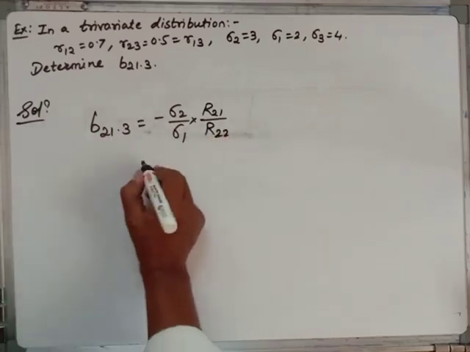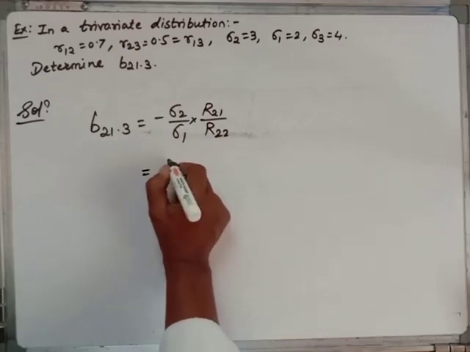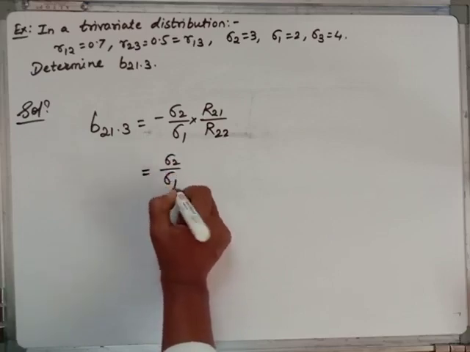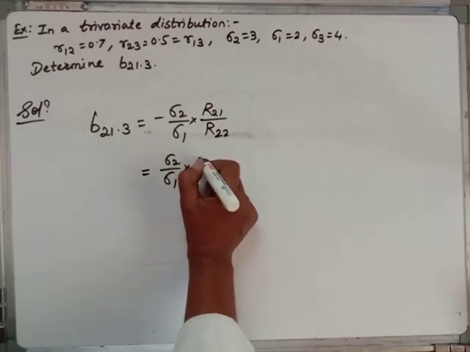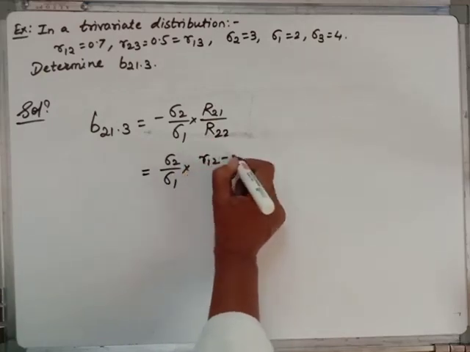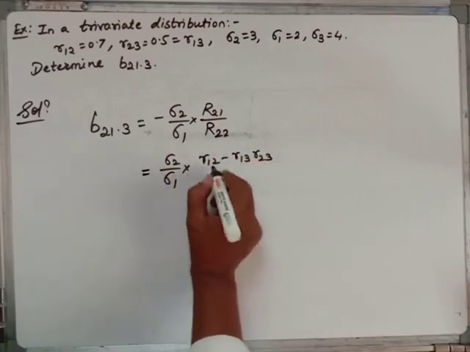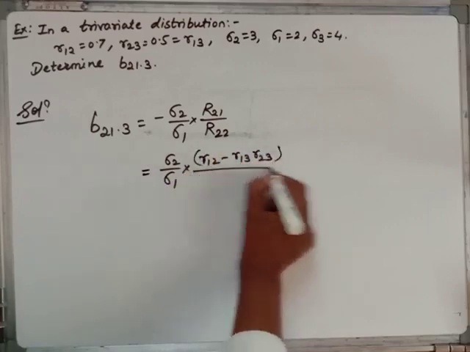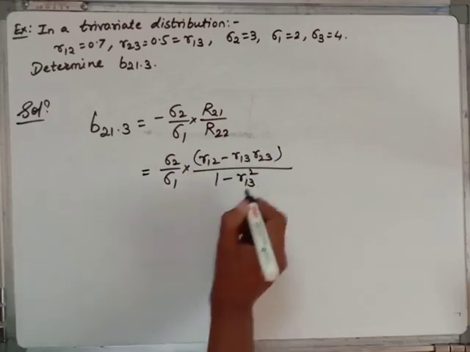So it is simply sigma 2 upon sigma 1 into, here that minus sign will reduce, it will be R12 minus R13 into R23, this one, upon 1 minus R13 square, right?